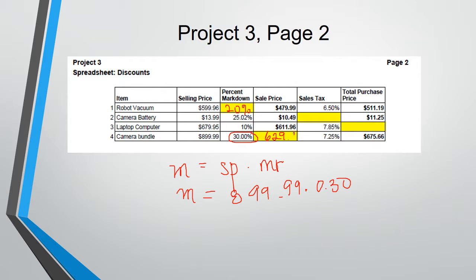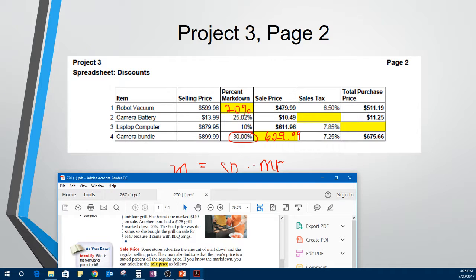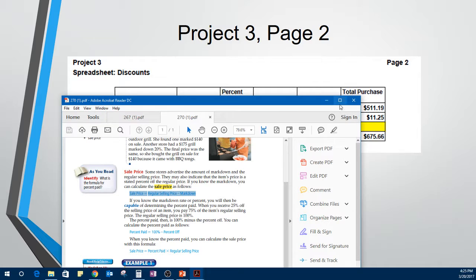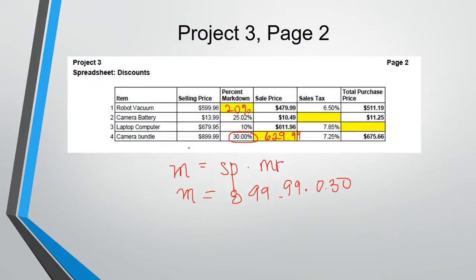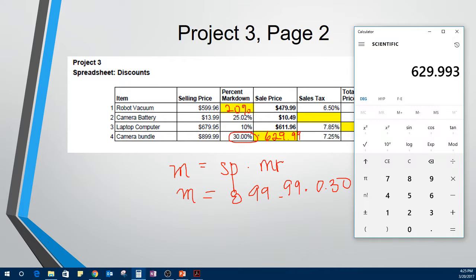Now, if you know how to do it a different way, which is also mentioned in here, it's taking the percent paid. The percent paid is the complement of the markdown rate, and multiplying that by the regular selling price. So the markdown rate is 30%. So the complement of 30% is 70%.